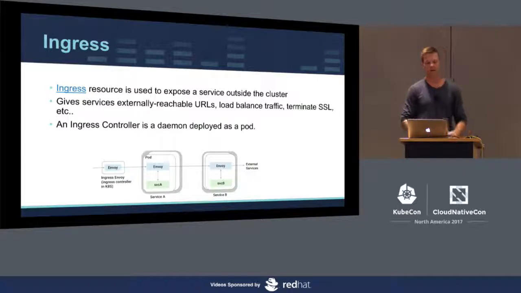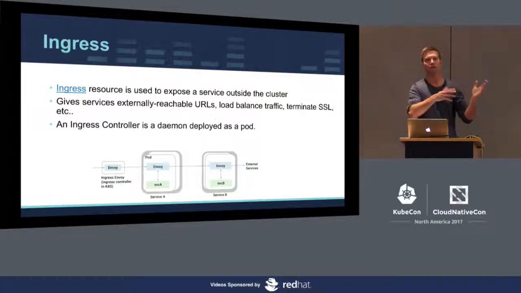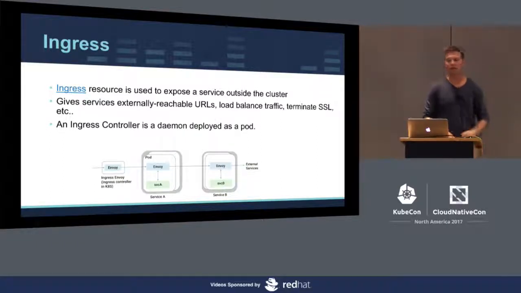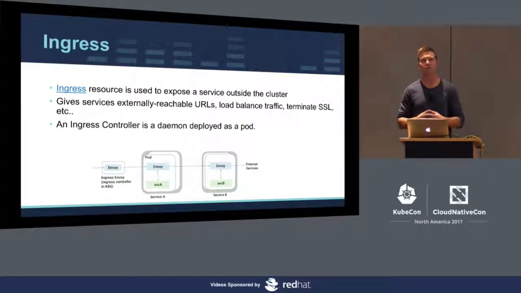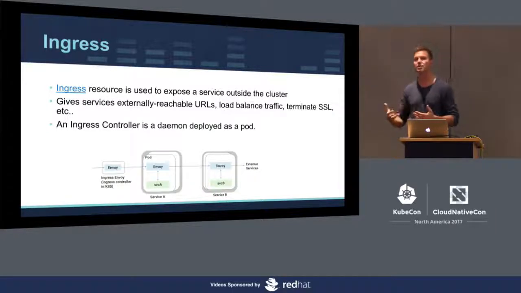There's also the ingress component. So how do I have services outside of my Kubernetes cluster communicate to these services running in my mesh? Istio leverages the ingress resource within Kubernetes. And if you're familiar with ingress, it needs an ingress controller.